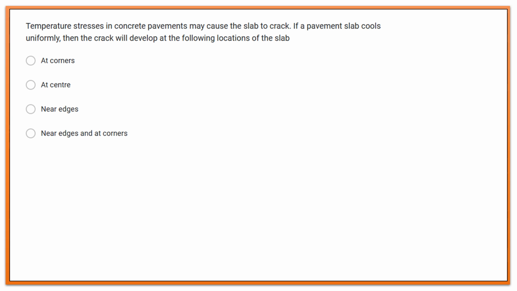If the pavement slab cools uniformly, then the crack is developed at the center of the slab. So option number second is correct.